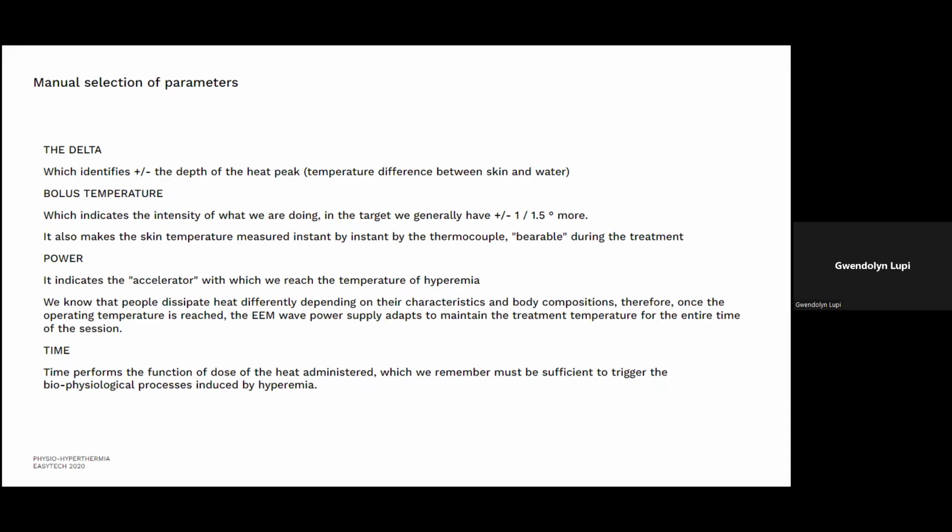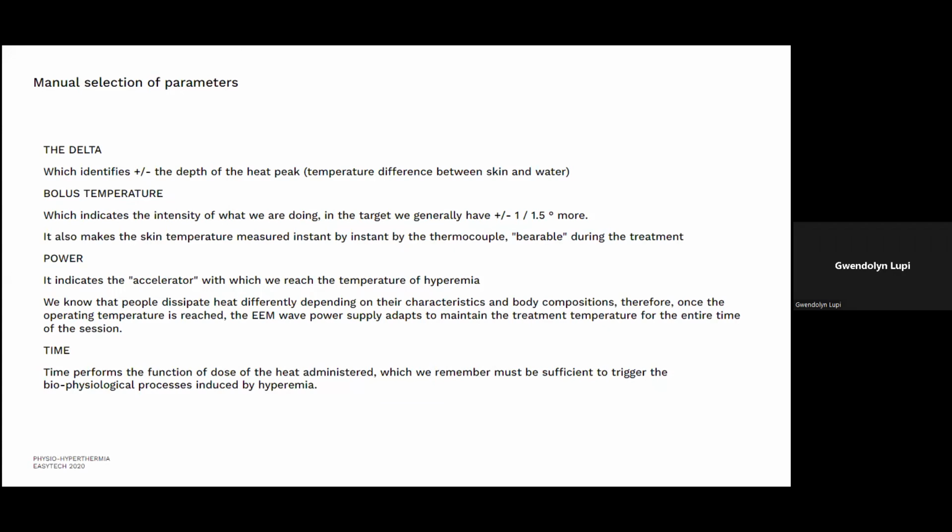So it is important to know how we can be aware of the temperature inside the body. We cannot measure it directly; it is not possible. The technology of this machine comes from a previous experience in the oncological field.